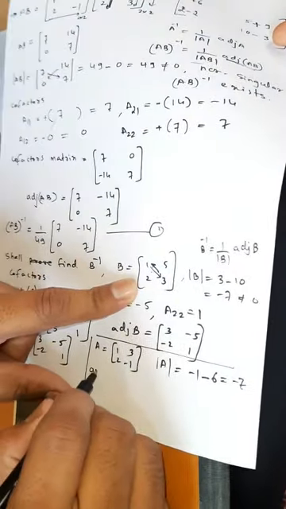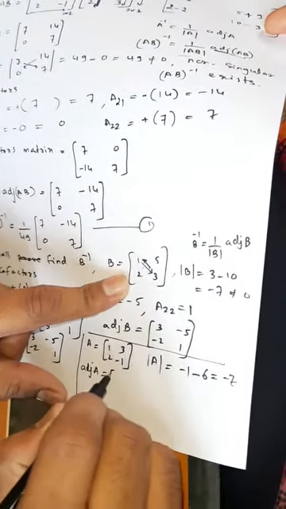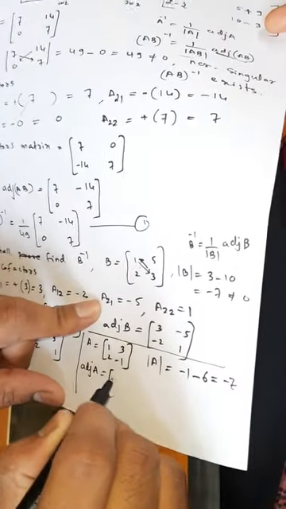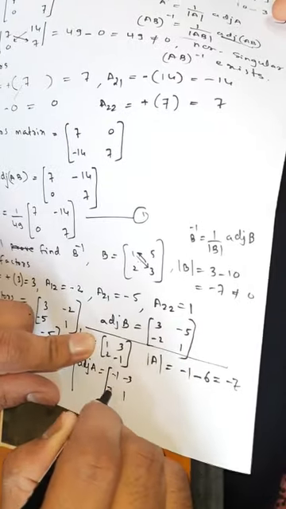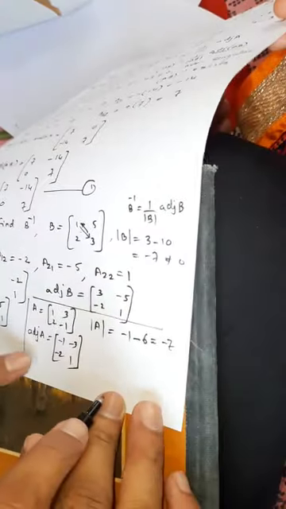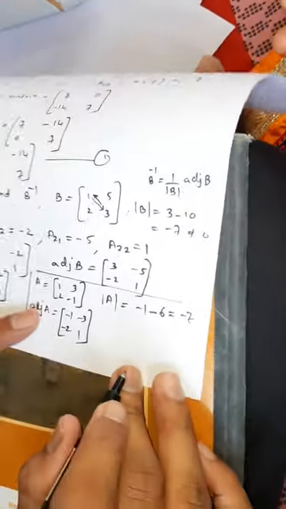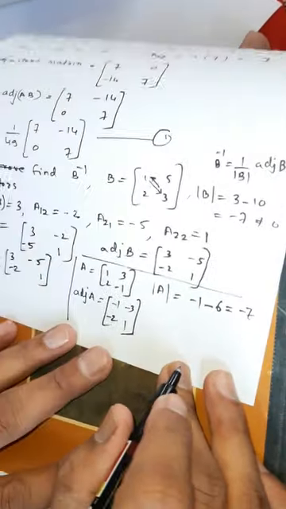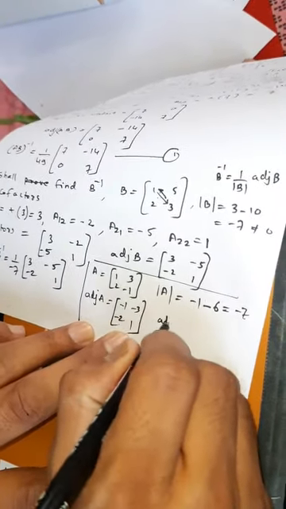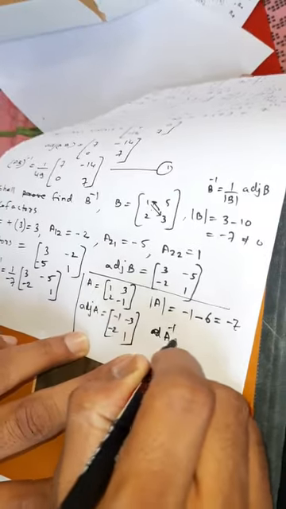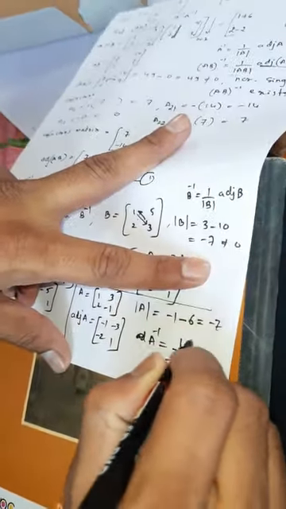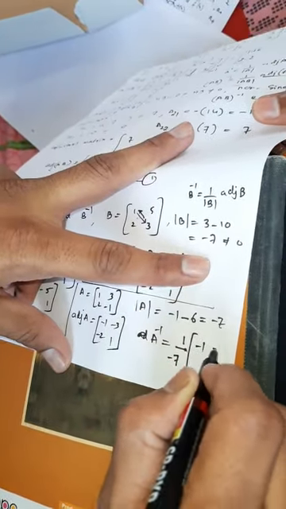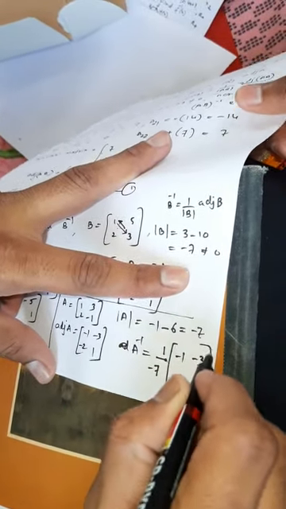So here adjoint A can be written: interchange these, that is minus 1, here 1. Change the sign of this, minus 3, minus 2. This is adjoint A. Direct method is only applicable for 2 by 2 matrix, not 3 by 3. So A inverse is 1 by determinant A, same formula, 1 by minus 7 into adjoint A, -1, -3, -2, 1. This is the A inverse.